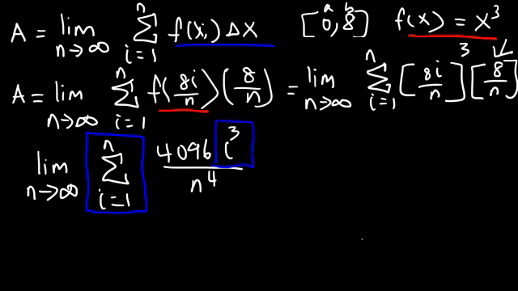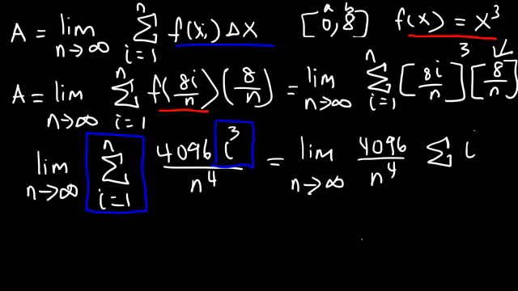But let's rearrange this expression. So right now we have the limit as n approaches infinity, 4,096 over n to the fourth, and then the summation formula for i to the third. Now, don't apply the limit. Make sure you apply the summation formula first before you apply the limit.